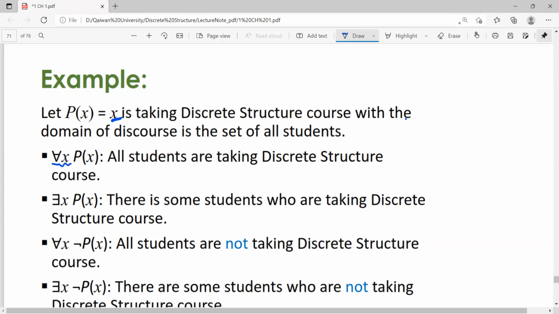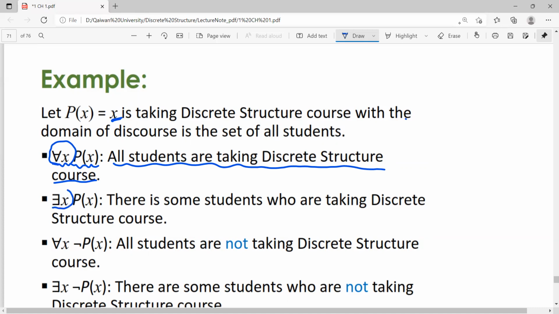Here we say for all x p of x, how to express this? As it says for all x, that means all students are taking discrete structure course. Since x ranges over the set of all students, for all x p of x means all students are taking discrete structure course.